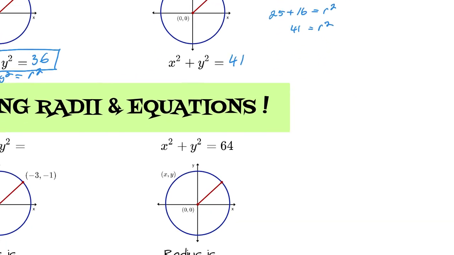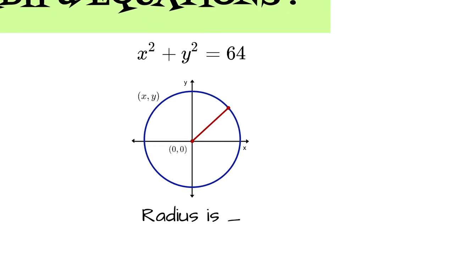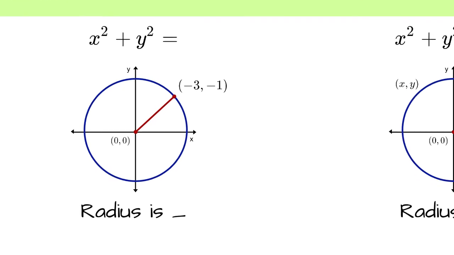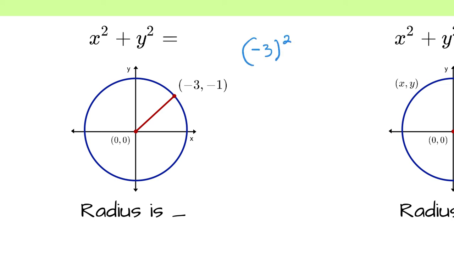I'm going to move down. So this time I give you r squared. So the radius is the square root of 64, which is 8. Moving along the bottom. Again, I'm giving you a coordinate this time. So it's negative 3 squared plus negative 1 squared equals r squared.